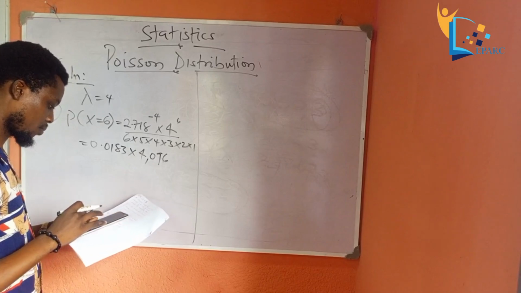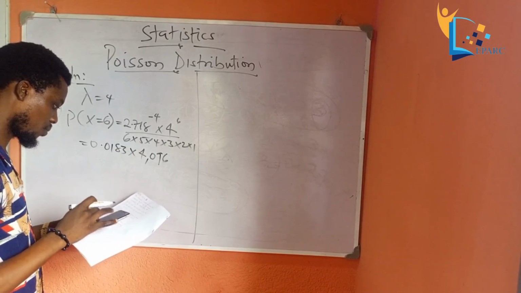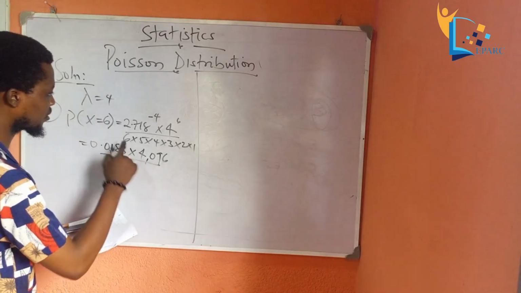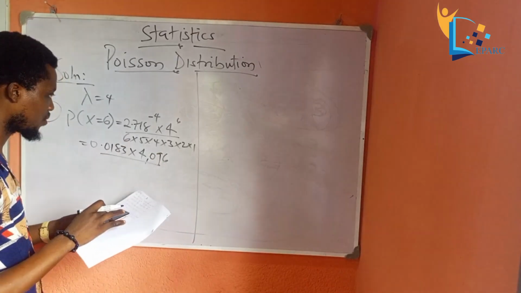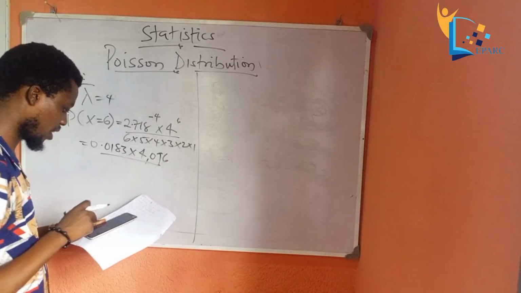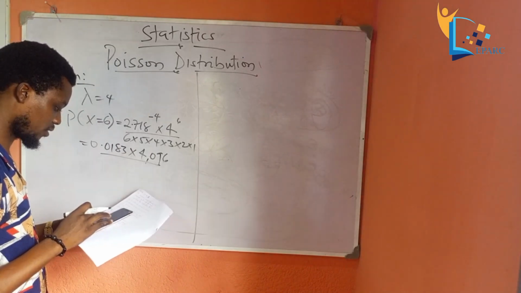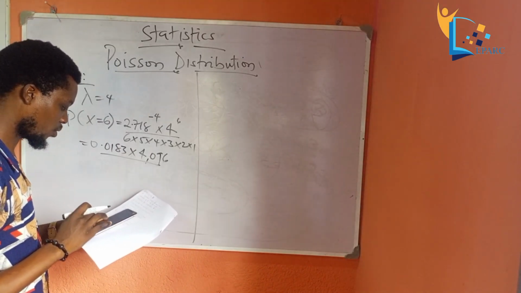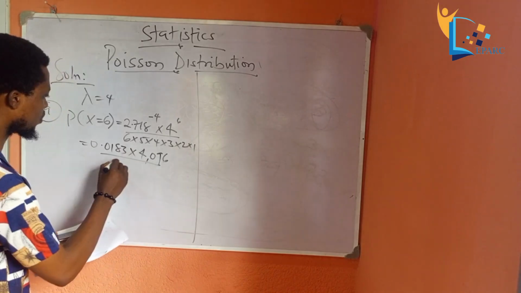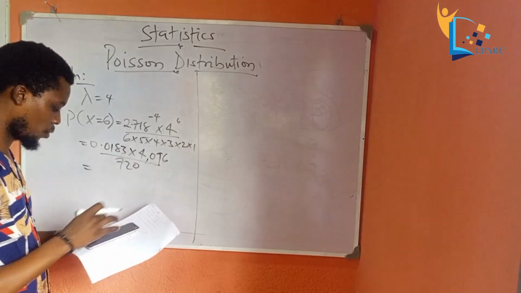All over 6 factorial: 6 times 5 is 30, 30 times 4 will give us 120, 120 times 3 will give us 360, 360 times 2 will give us 720.